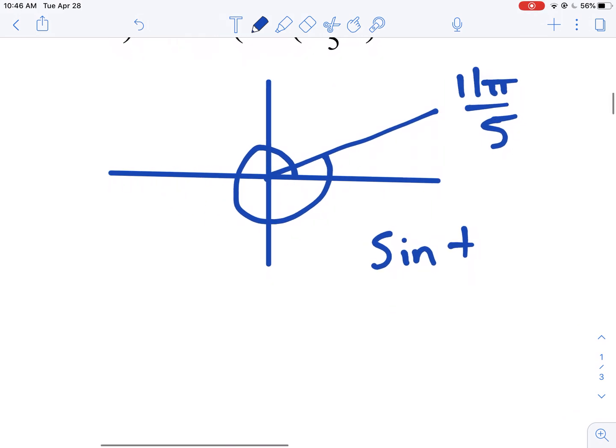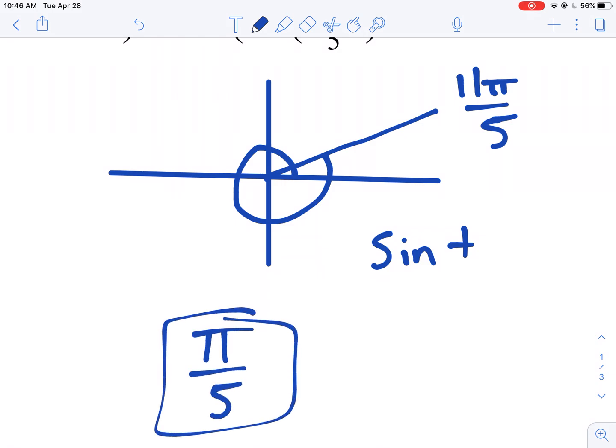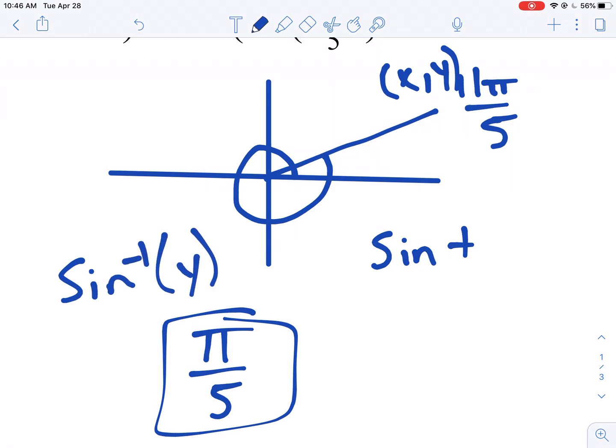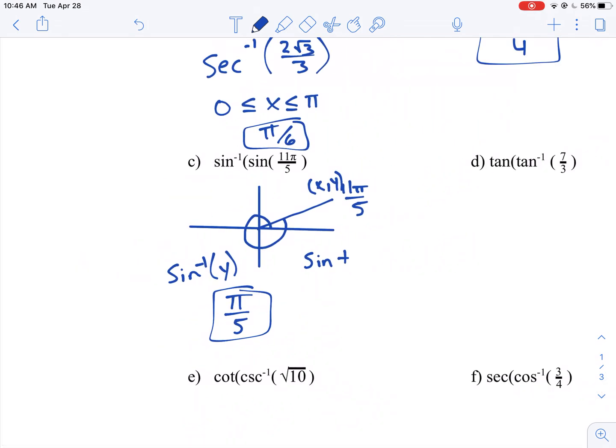This works really well with our period, so I can just say that my answer here is pi over 5. I take the sine of 11 pi over 5. It gives me whatever y value is here. When I take the inverse sine of that y value, it's going to be equal to the positive rotation there, so that's pi over 5 in that case.